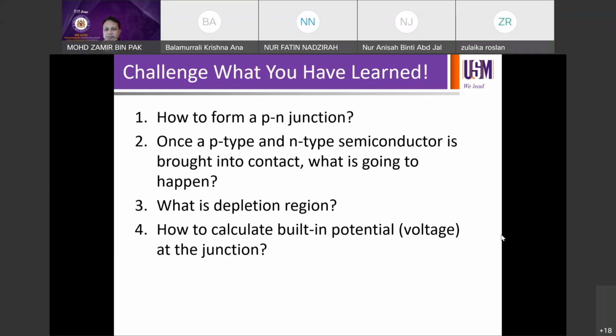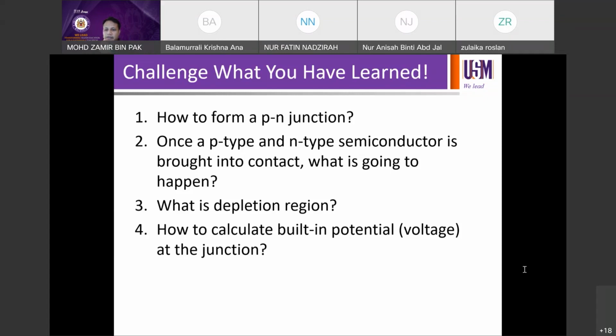Then what's next? Can you tell me a story there before you get a thermal equilibrium condition? Diffusion, then what else? It has to be quite a story before you get a PN junction, before you get thermal equilibrium.